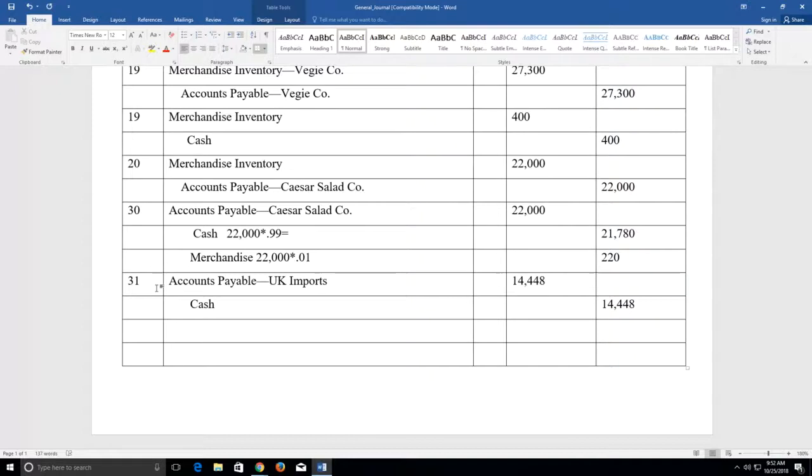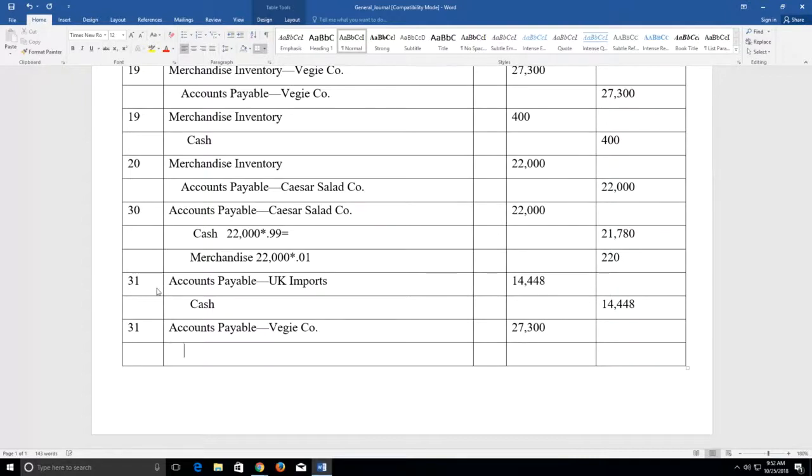And then on the 31st, we paid VeggieCo. And we owed them $27,300. And did they offer us any discounts? They did not, just end of the month. So that's in the amount of $27,300.